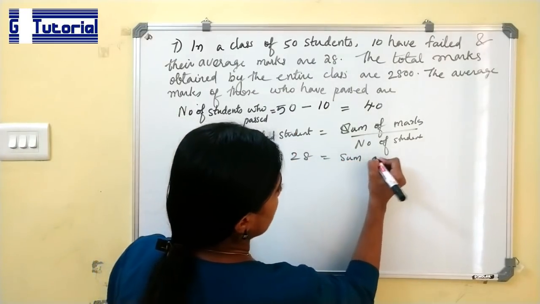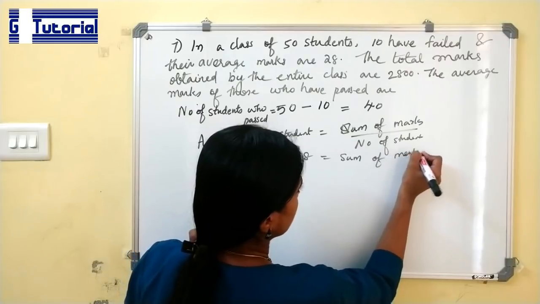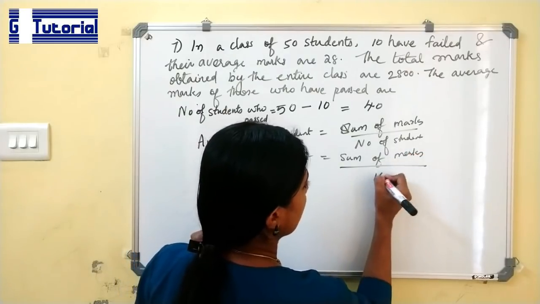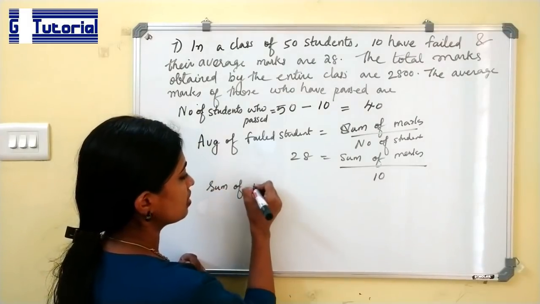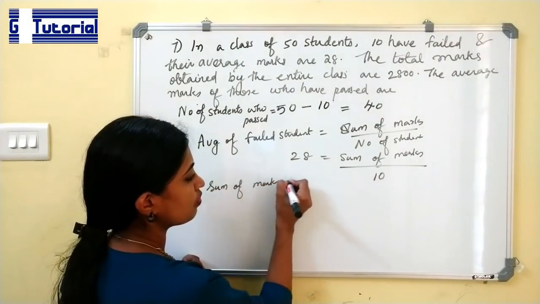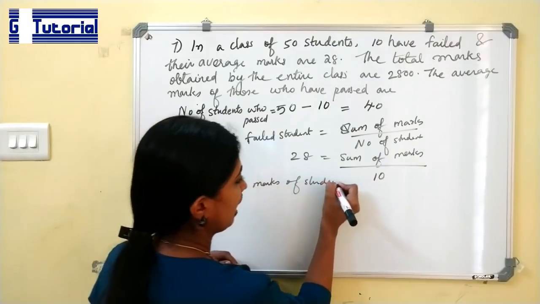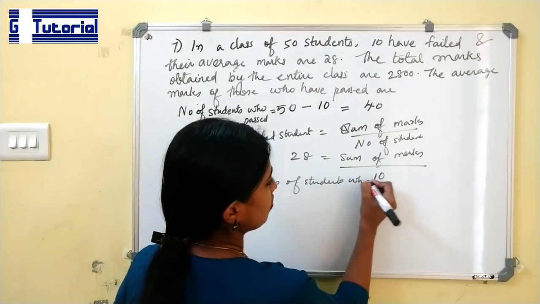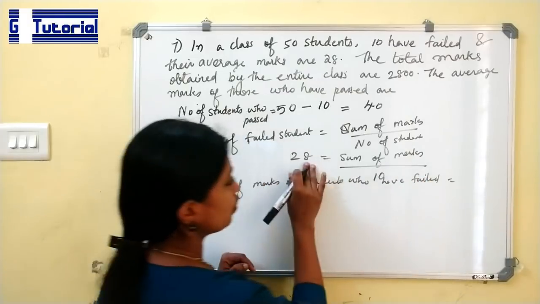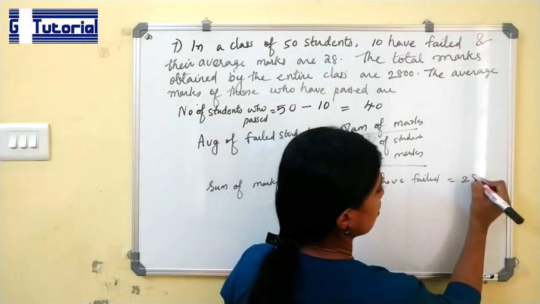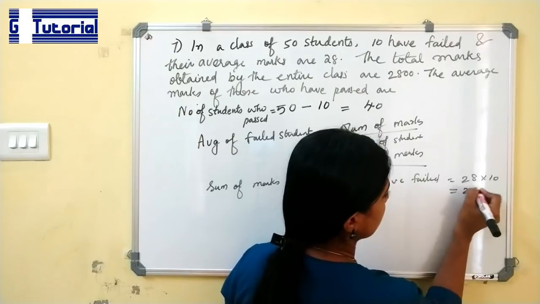Their sum of marks is unknown, and we are given the number of students who failed is 10. So we can find the sum of marks of students who have failed, which is equal to 28 into 10, which is 280.